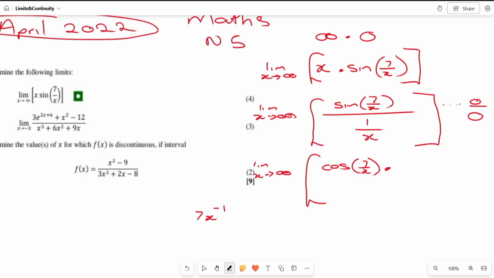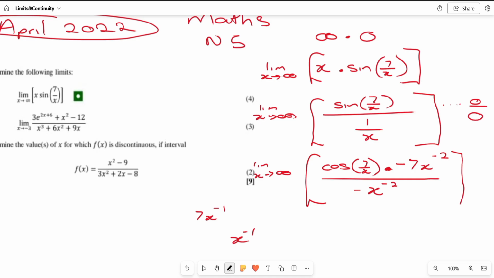So we need to derive that as well. You should know this from N4. So this is going to be minus 7x to the minus 2. That's correct. And then we're going to divide this by the derivative of 1 over x, which is the same as x to the minus 1. The derivative of this using the power rule is going to be minus x to the minus 2.